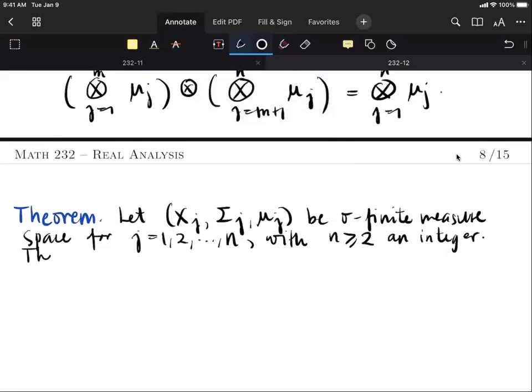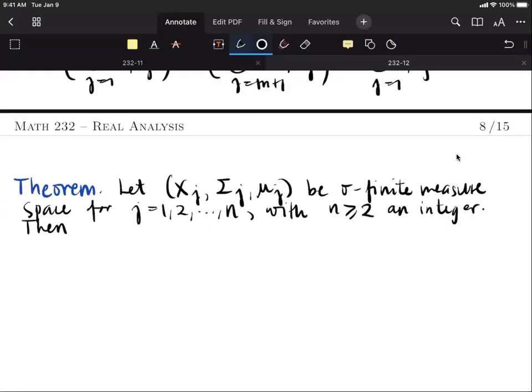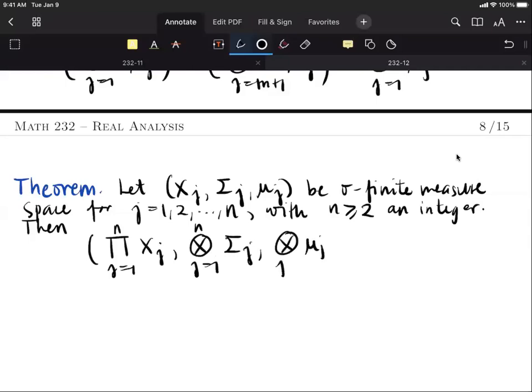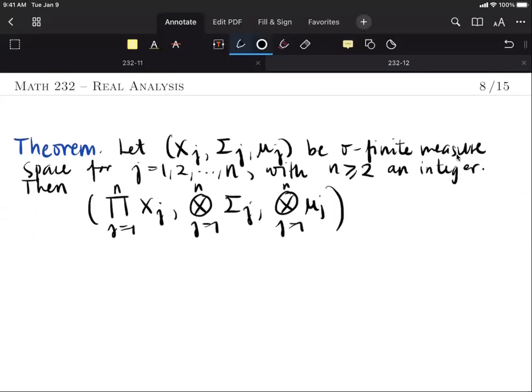Taking this triple, take the Cartesian product of the sets, take the product sigma algebra, then take the product measures. Okay, this is a sigma finite measure space.